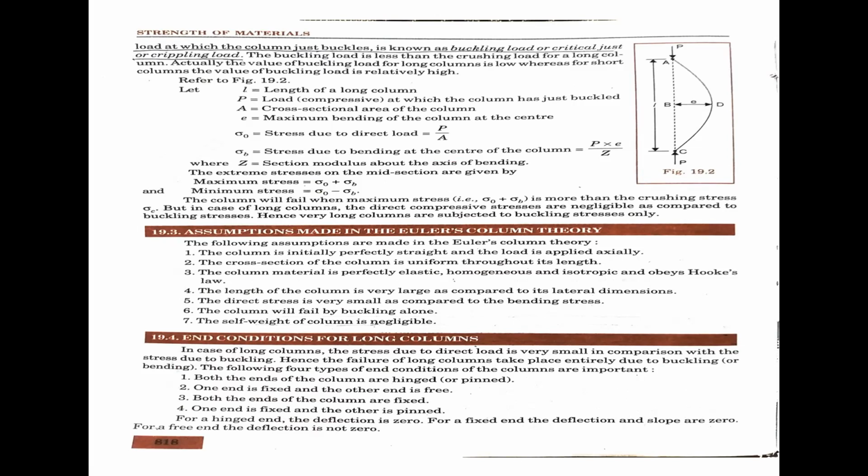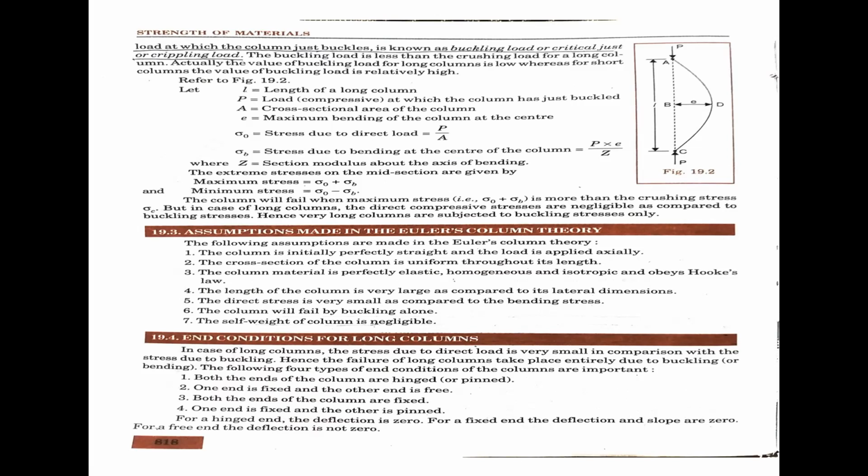The extreme stresses on the mid section are given by: maximum stress equal to sigma O plus sigma B, minimum stress equal to sigma O minus sigma B. The column will fail when the maximum stress sigma O plus sigma B is more than the crushing stress sigma C. But in the case of long columns, the direct compressive stresses are negligible as compared to buckling stresses, and very long columns are subjected to buckling stresses only. Now we have to consider buckling stresses only for long columns.